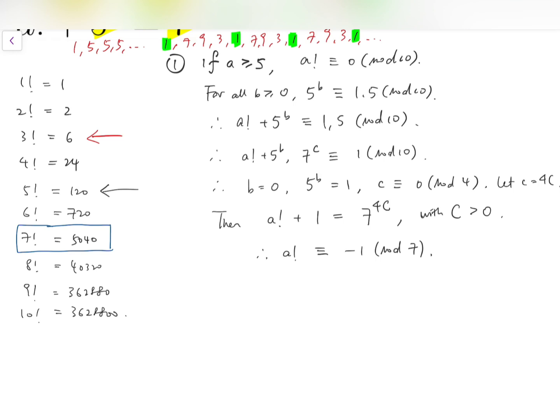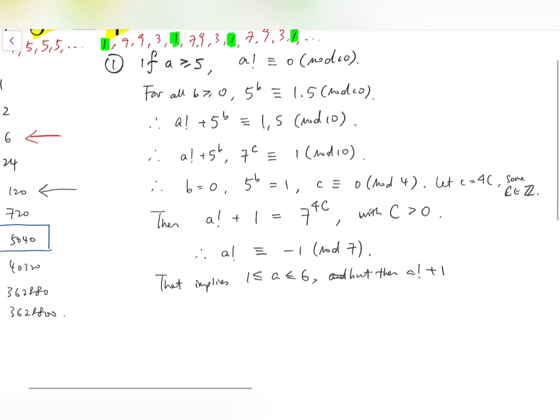But then a factorial plus 1, for all these values, is less than or equal to 721, but that's less than 2401, or I should say 7 to the power 4.